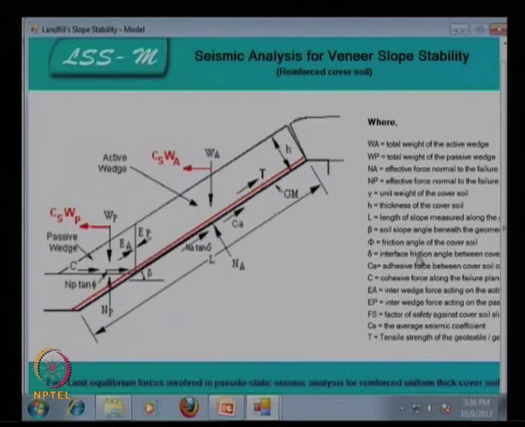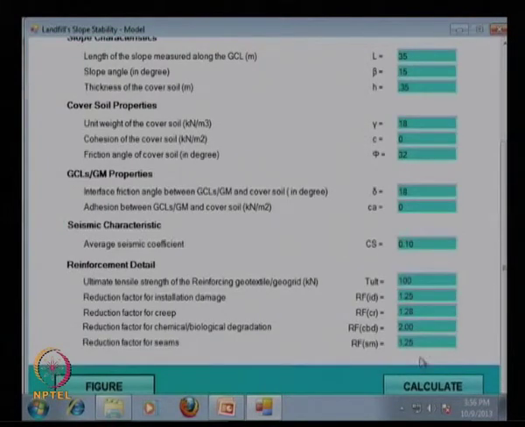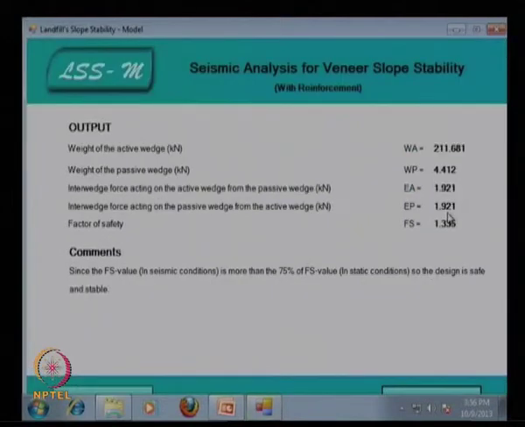So, now if you consider this seismic effect for the beneath slope stability analysis, then you can calculate and determine what the factor of safety will be. This comes to 1.335. So, it is stable because it is greater than 1.